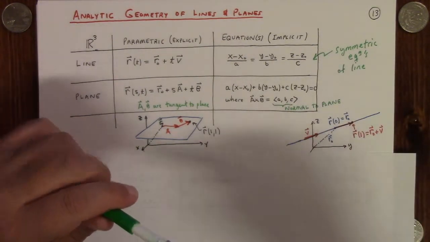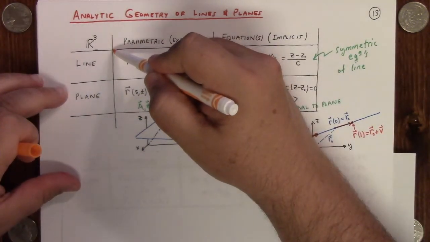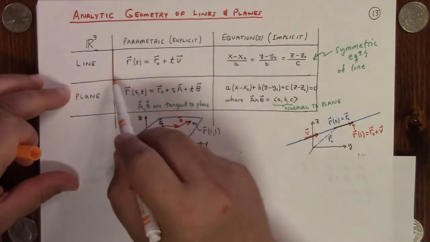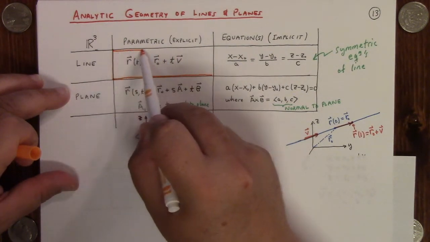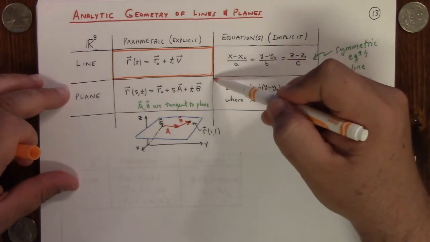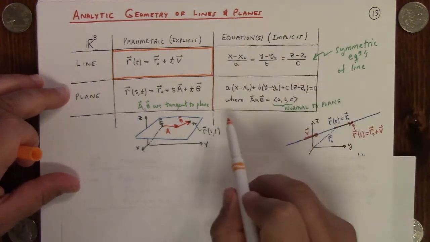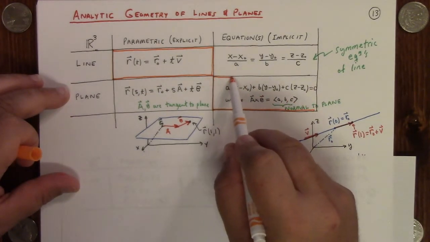So anyway, long story short here, guys. I could talk about this a lot longer, but I'm just going to try to get to the point, which is that we prefer this viewpoint for lines. This is like our happy place. This is the nice way to describe a line. I prefer to use that right here. And I try to use the equation to describe a plane because I just need one equation and I can describe the plane.